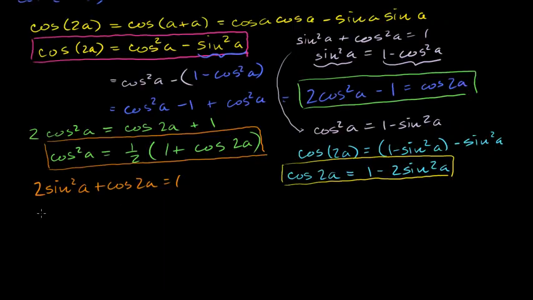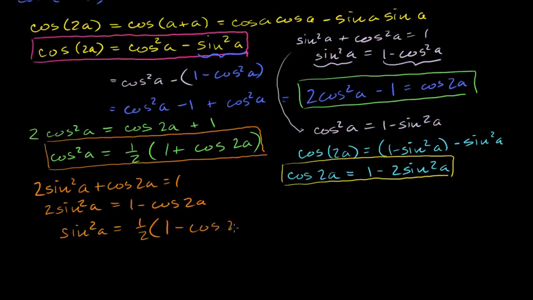Subtract cosine of 2a from both sides. You get 2 sine squared of a is equal to 1 minus cosine of 2a. Then you divide both sides by 2, and you get sine squared of a is equal to 1/2 times 1 minus cosine of 2a. And we have our other finding.